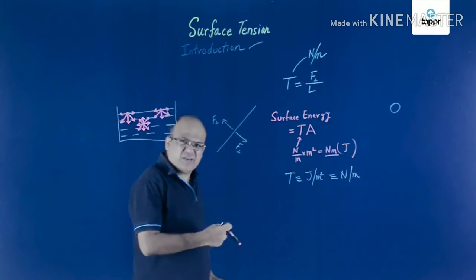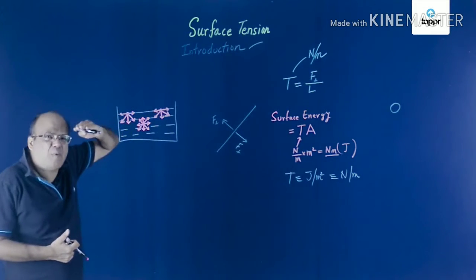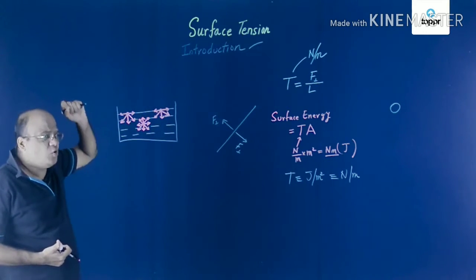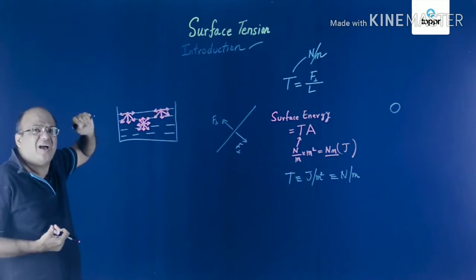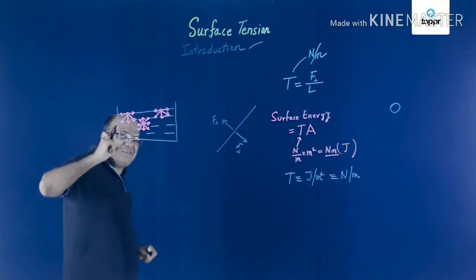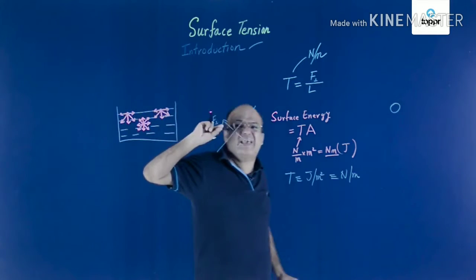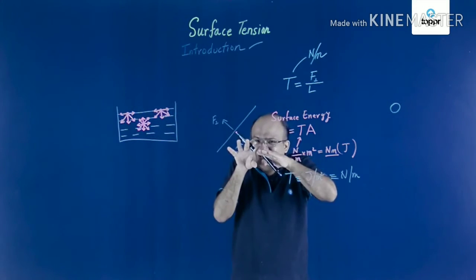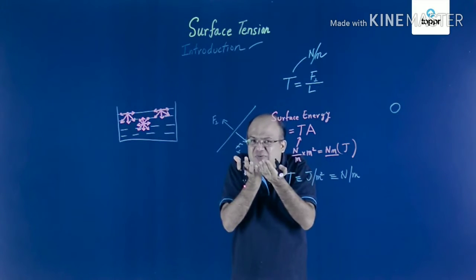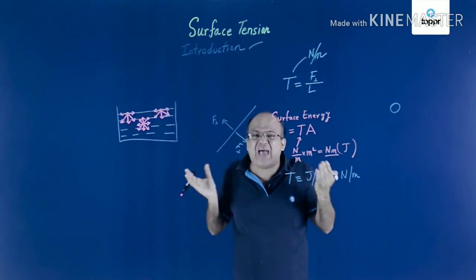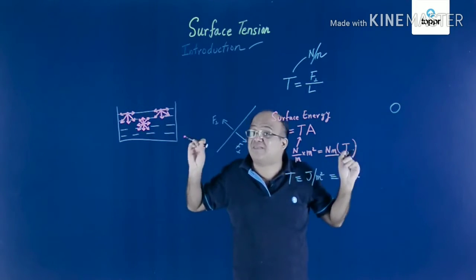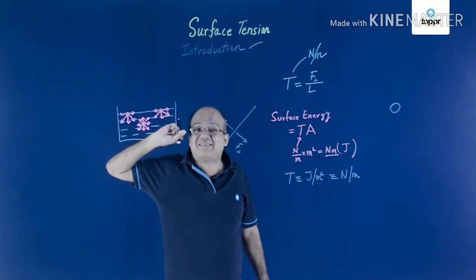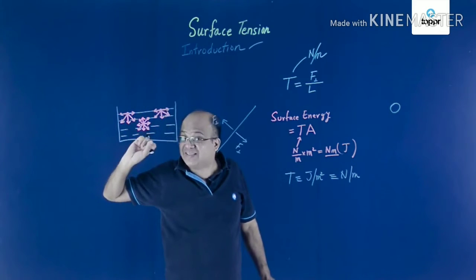So, surface tension is a property of a liquid surface due to which a liquid tries to minimize the area of its free surface, and that free surface it tries to occupy as minimum area as possible. Surface tension is force per unit length.